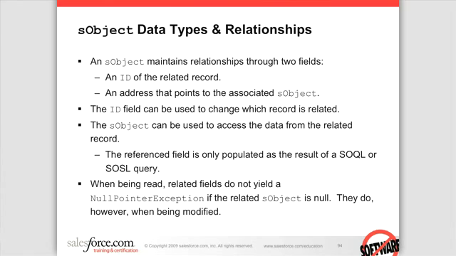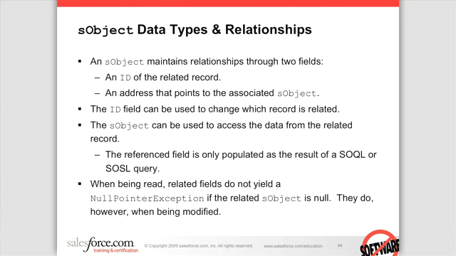We'll talk about this when we get back into our SOQL queries, but when we're running our SOQL query, we're only going to populate that object instance if we select it as a part of our query. It will not be populated by default. Like I said, we'll come back to that.